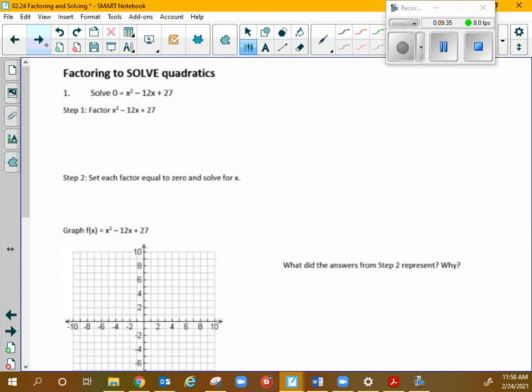Make a note, if you are solving quadratics with factoring, or solving quadratics period, you need to have your equation set equal to 0. If it's not set equal to 0, that doesn't mean you can't solve it. That means that you need to get it set equal to 0, okay? There are a lot of people jumping straight into telling me that something is prime. Something is not necessarily prime if at first glance you can't figure it out, okay? So it has to be set equal to 0.